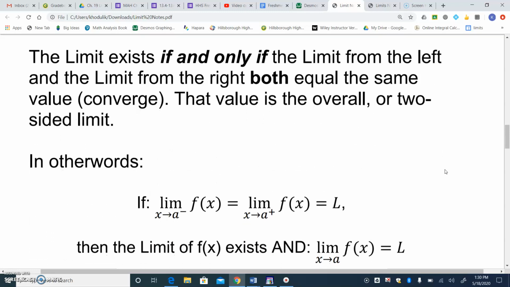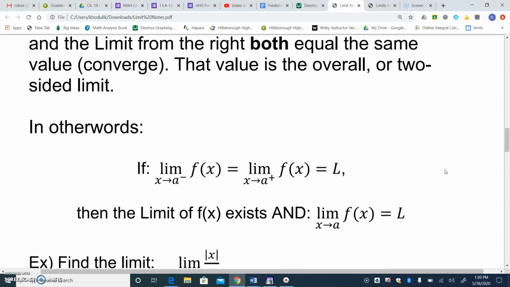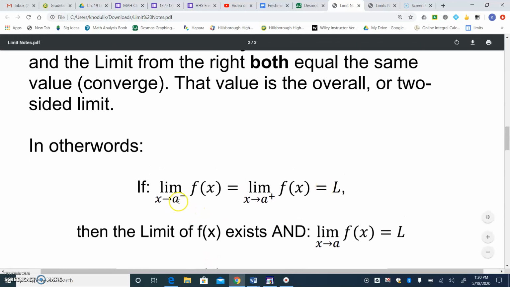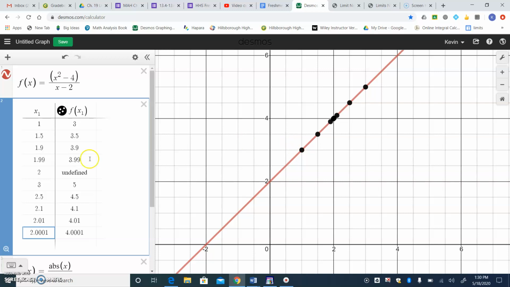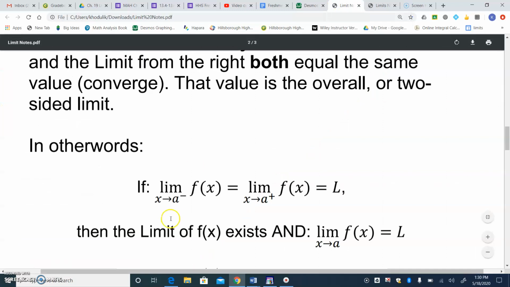So here's some new notation. So we see this little, I don't want to call them exponents, we'll call them superscripts, right? So x approaches a with a little superscript of a negative symbol. That simply means we're approaching a on the left side. So before, all the values that were less than 2 would be my left side limit, okay?